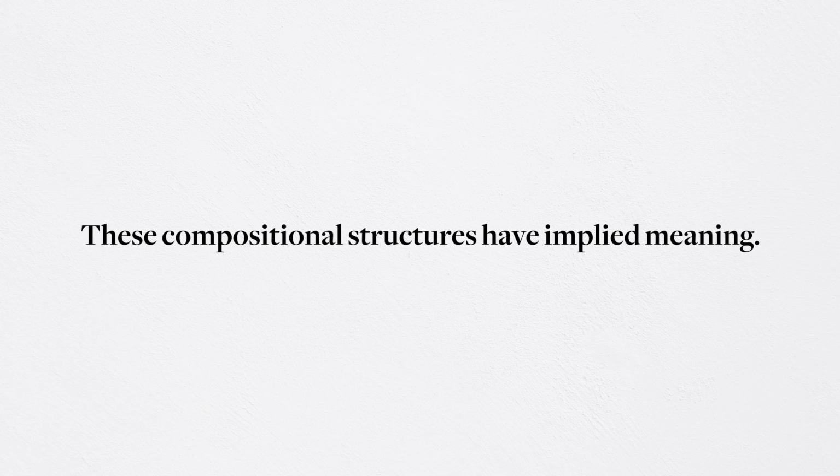Now, as I alluded to earlier, when it comes to this idea of composition and positioning, this is probably the closest to strict photography rules as we're going to get, because with what I'm about to explain, these compositional structures, these compositional rules have implied meaning with them. And you've probably heard me say that before if you've watched some of the other videos in the series.